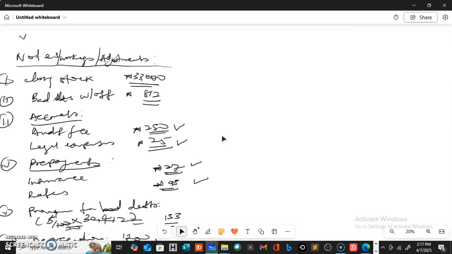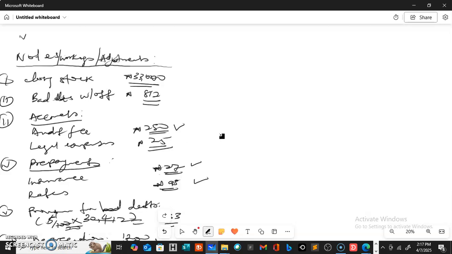Okay. So the trading account. Let's just draw the format here. Trading account, profit and loss. So please, this is just for explanation.